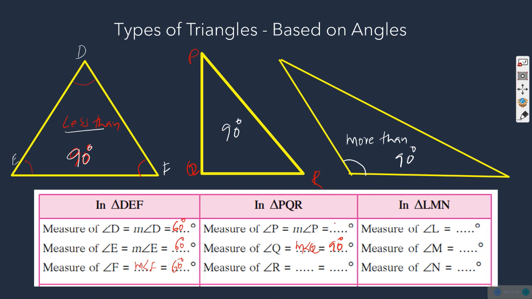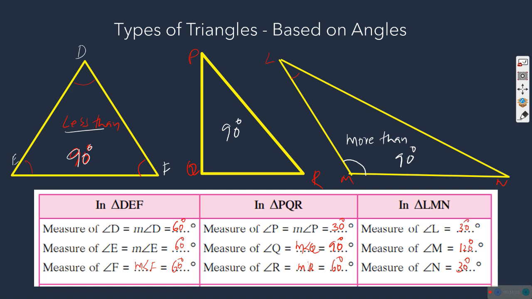Measure of angle P is equal to 30 degree and measure of angle R is 60 degree. In LMN, I measured N first, which is equal to 120 degree, right? And this one is equal to 30 degree and this one is equal to 30 degree.